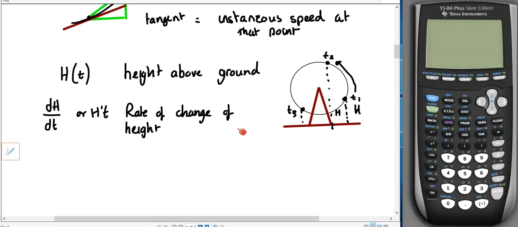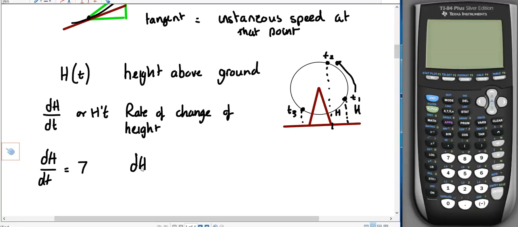So if I work out a value for dH dt, so for instance, if I said to you dH dt was 7, yeah?